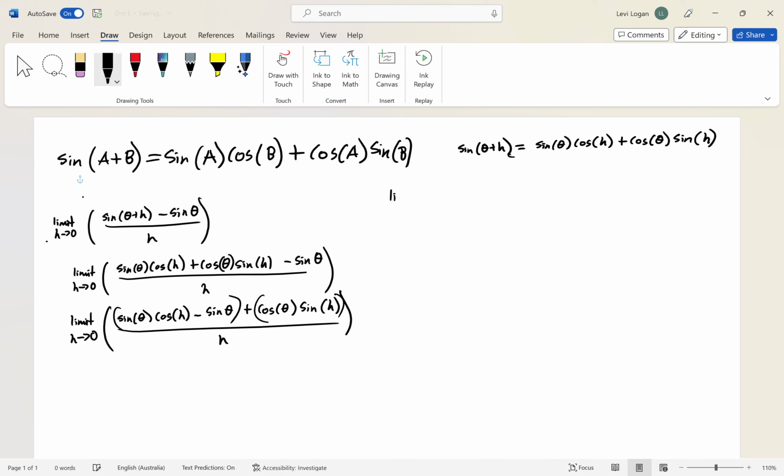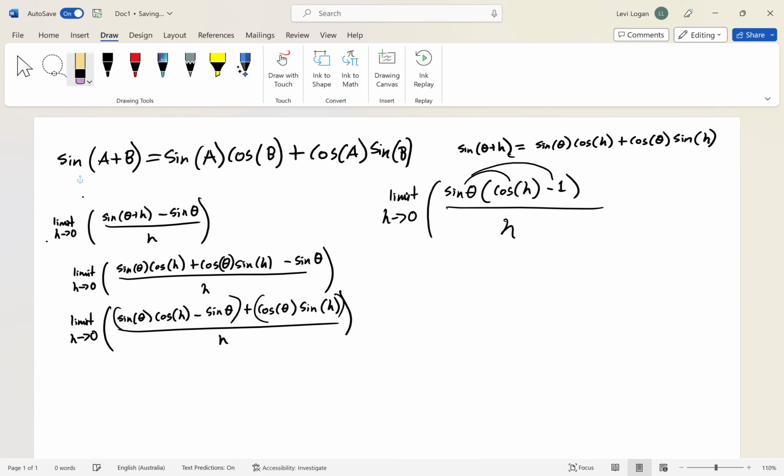So I'm going to have the limit as h goes to 0 of, I'm going to factor out my sine theta, of cos of h minus 1. So this gets multiplied out. This is all divided by h.